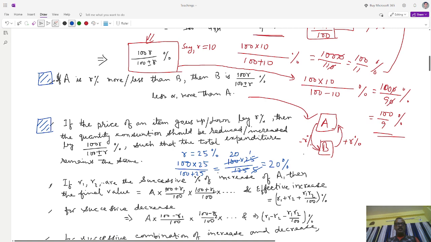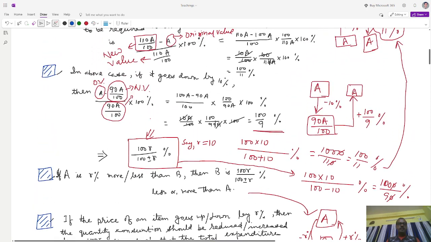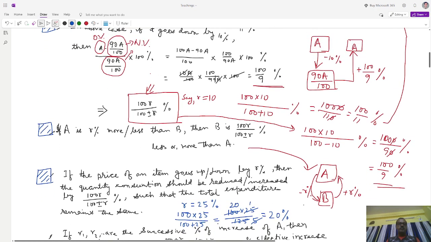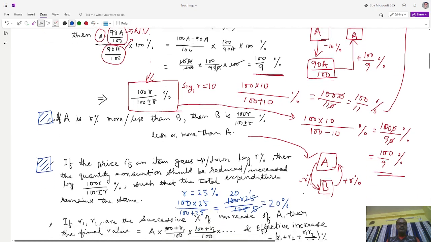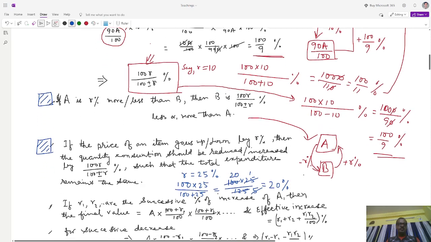We get the result by mental calculation only if our concept is clear. Okay. So here we see that three cases give equal result, that is 100R divided by 100 plus minus R%.